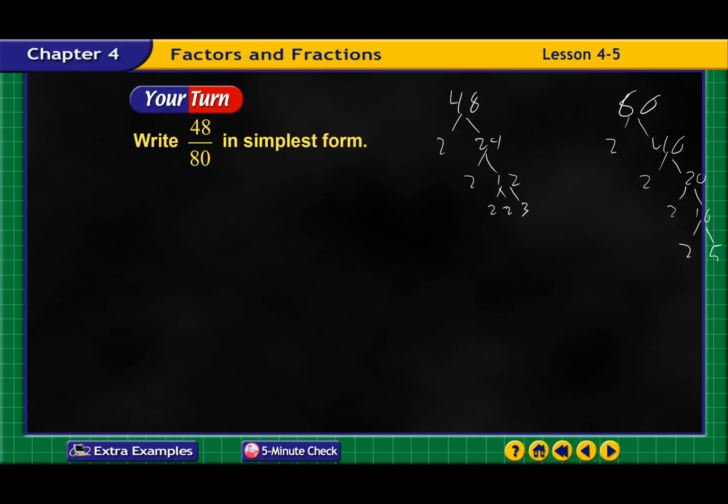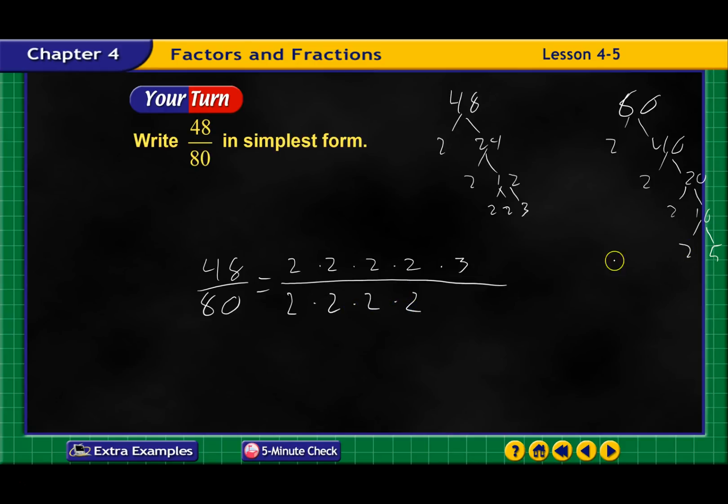So how the book just did it there, and they skipped a bunch there just a second ago. So they did 48 and 80 like this. And they said those equal 2 times 2 times 2 times 2 times 3. And then 1, 2, 3, 4, 2 times 2 times 2 times 2, and then times 5.